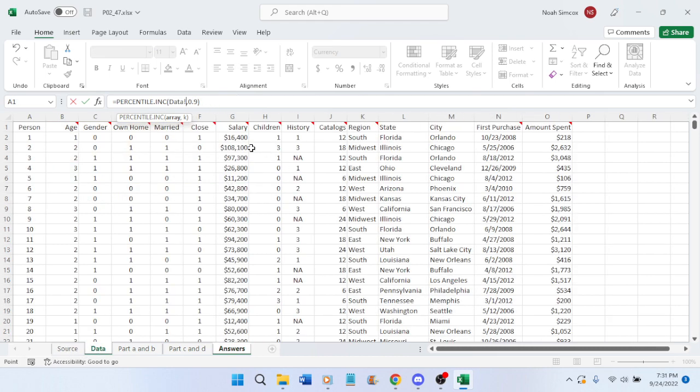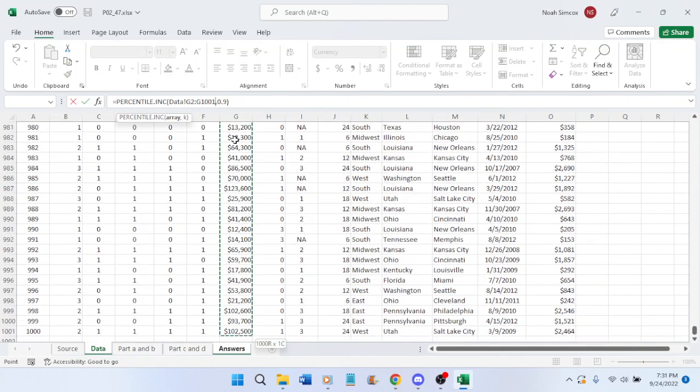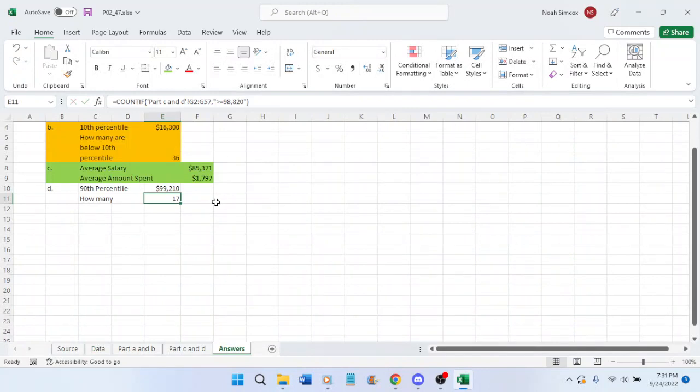Select the data again. There, should be good. Now it should be right. Instead of that one, it should be 99, 200, 210. There. Now we should have the right answer.